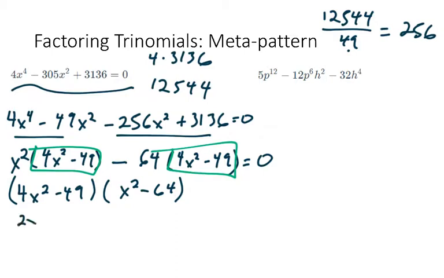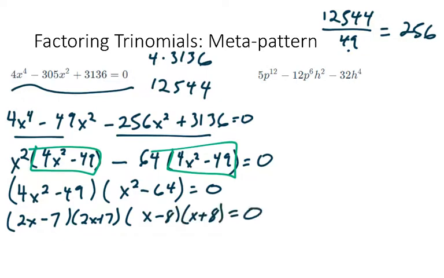So this is going to be 2x minus 7 times 2x plus 7, and this is going to be, 64, that's x minus 8, x plus 8 equals 0. Solving for all this, I'm going to get x equals positive 7 halves, negative 7 halves, positive 8, and negative 8. That's quite a lot of solutions.